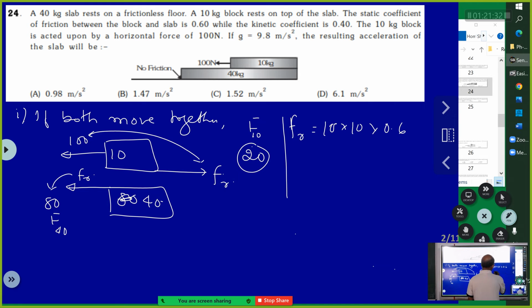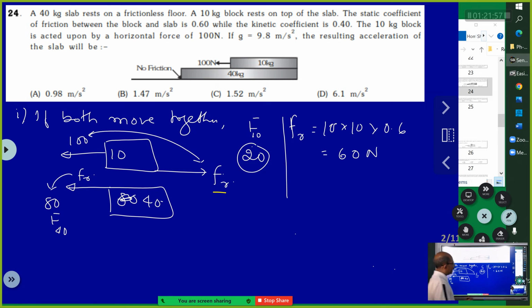So this is going to be 60 Newtons. So the maximum friction can be 60 Newtons, that is what it can withstand. But this is not just 60, it is 80 Newtons. So this block will not move with this, it has to slide.